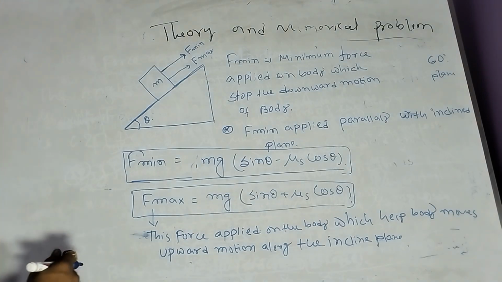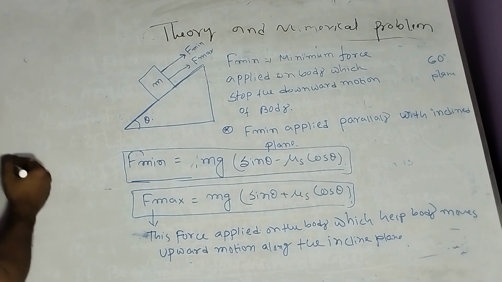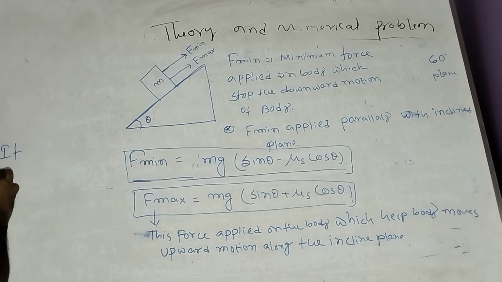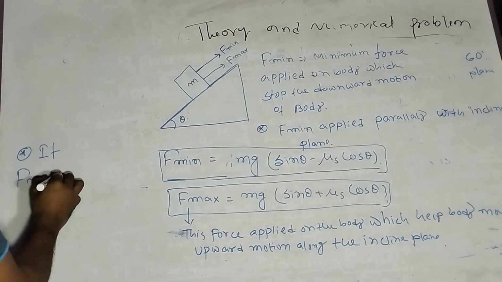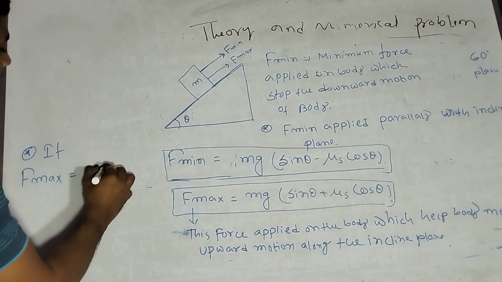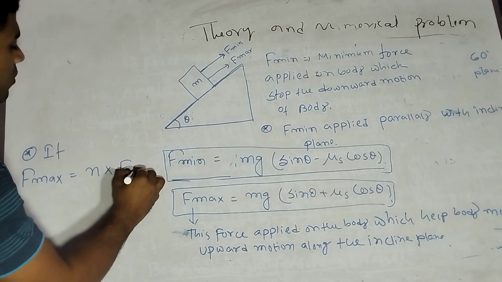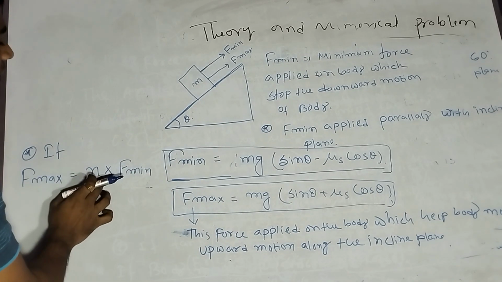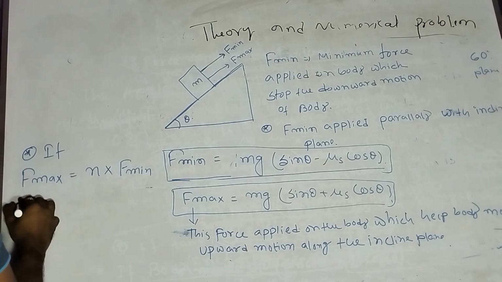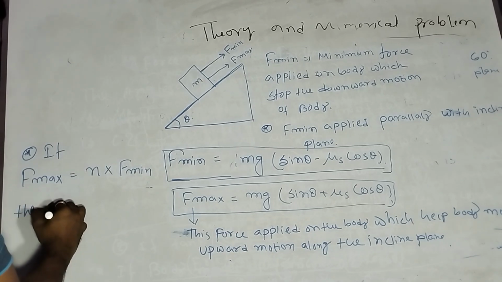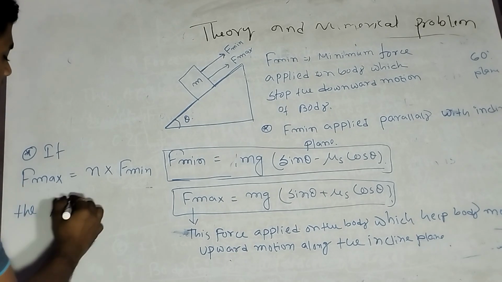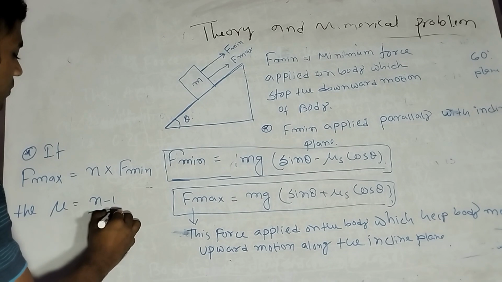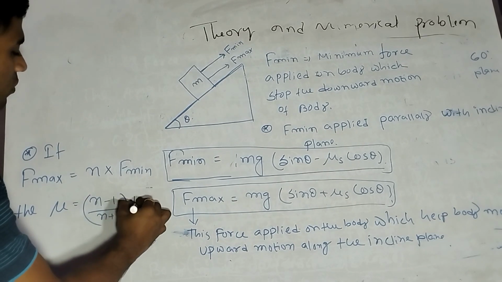In a given numerical problem, if F max is n times F minimum, what is the condition? Then the coefficient of friction mu is (n minus 1) divided by (n plus 1) into tan theta.